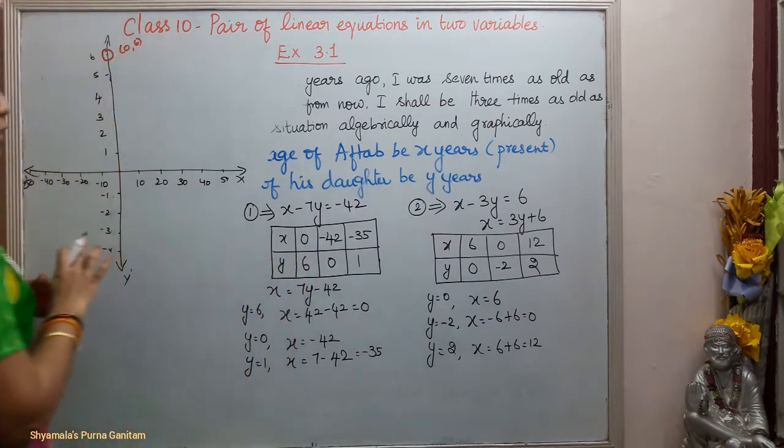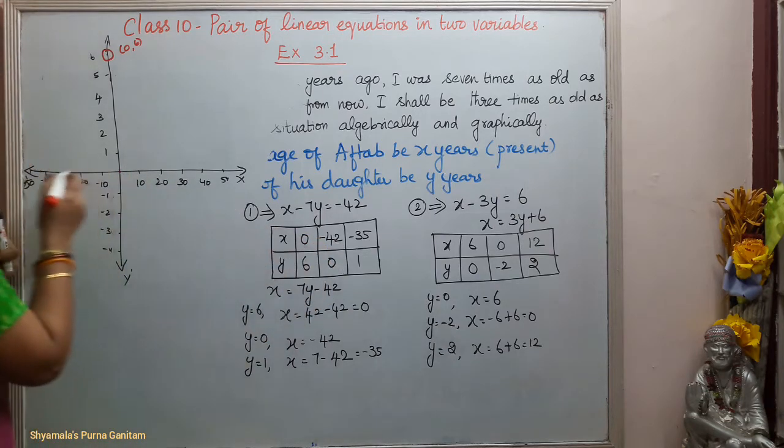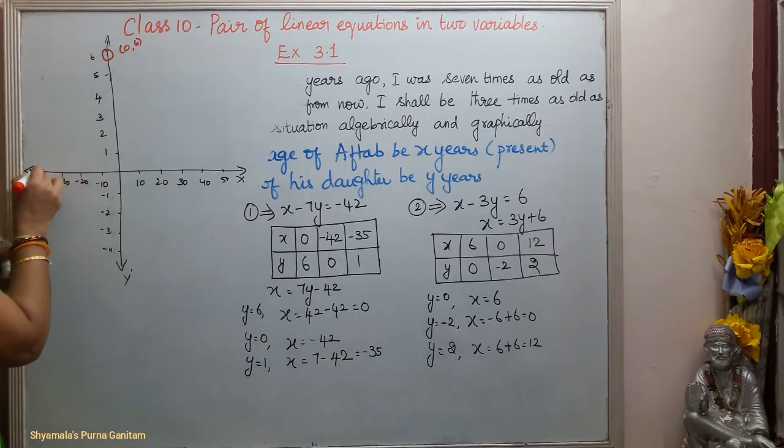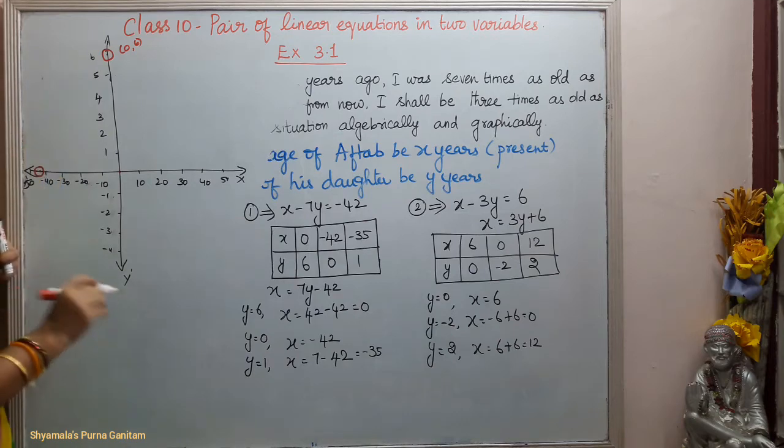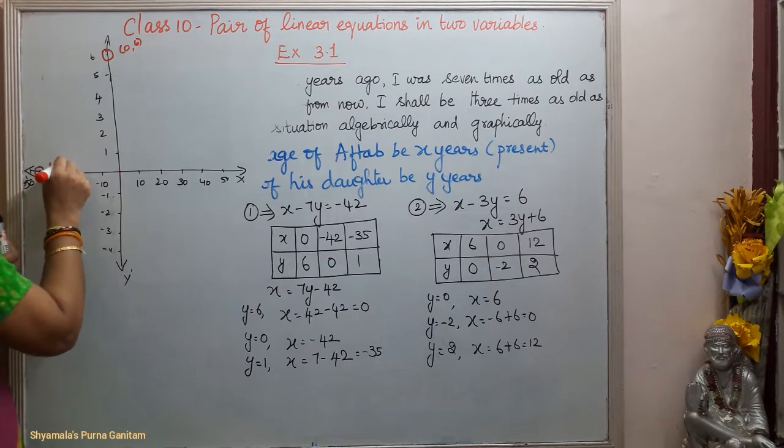Then minus 42, 0. So here is 42. Minus 42 I will get somewhere here. Minus 42, 0 will be on the x-axis. Minus 42 is x-axis, 0 is y-axis. So we will get like this. This is minus 42, 0.